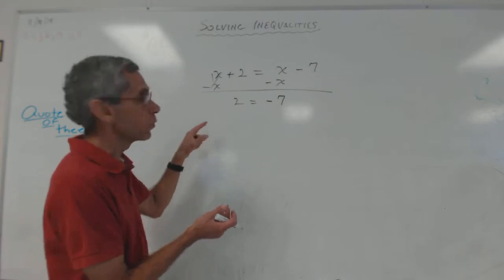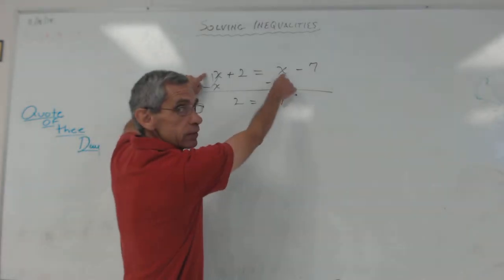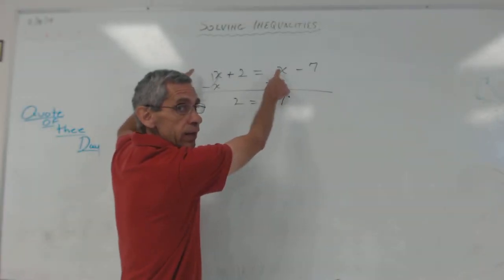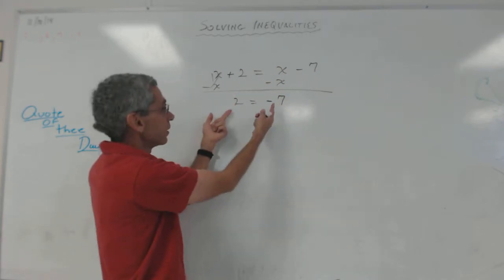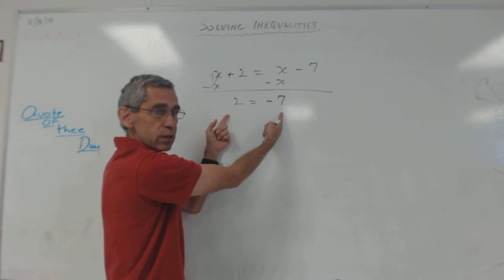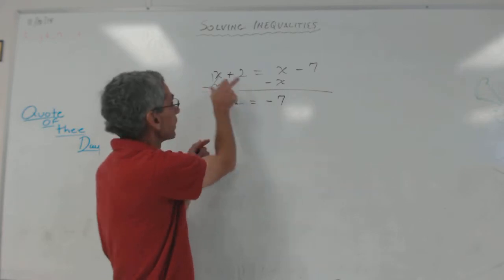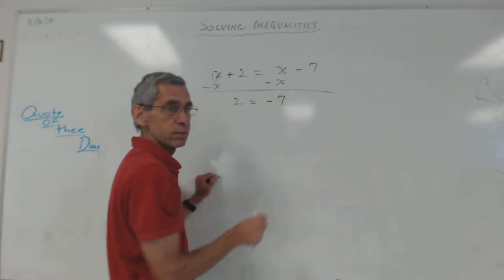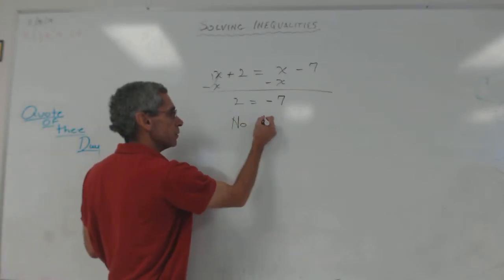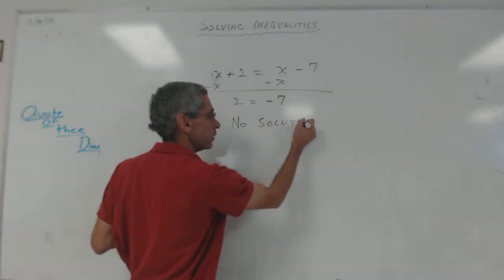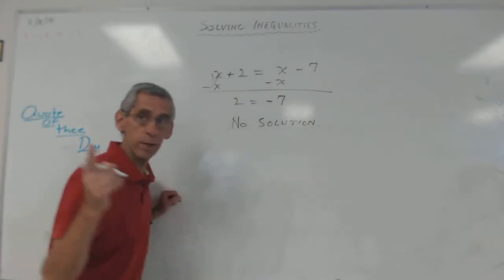This is one of them where I have the same number of x's on both sides, and I subtracted them. I no longer had x's, and then what was left over did not equal each other. This is not equal to this. So there is no solution, right? That's what I would say. No solution.